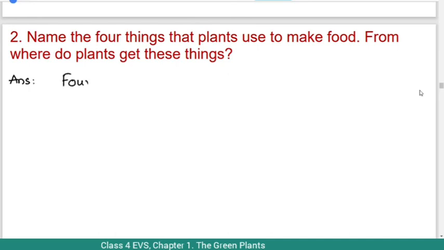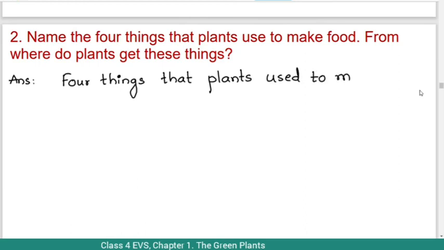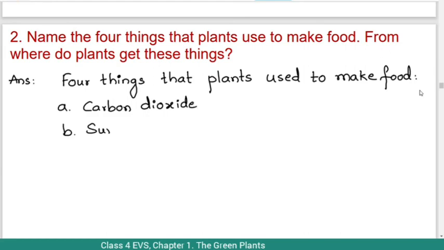Answer, 4 things that plants use to make food are carbon dioxide, sunlight, water and chlorophyll.